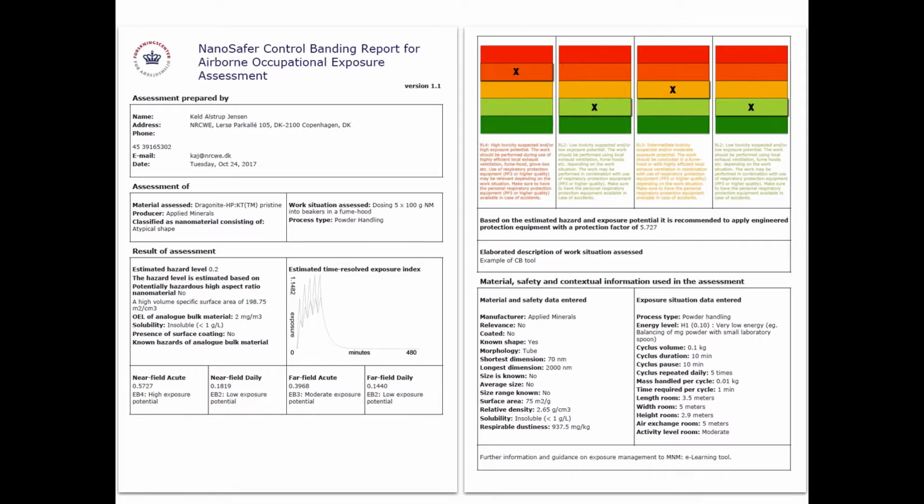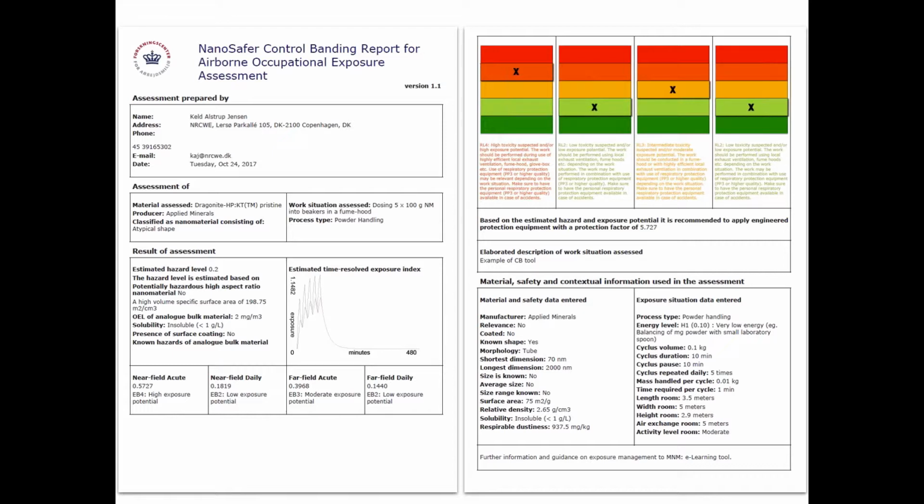You can put into the sheet information on who you are, and then it will automatically fill out the fields that you have entered in the web tool. So what type of material it is, the name of the material producer, etc. You also have some key information about the estimated hazard. In this case, it's 0.2, so the lower hazard range.